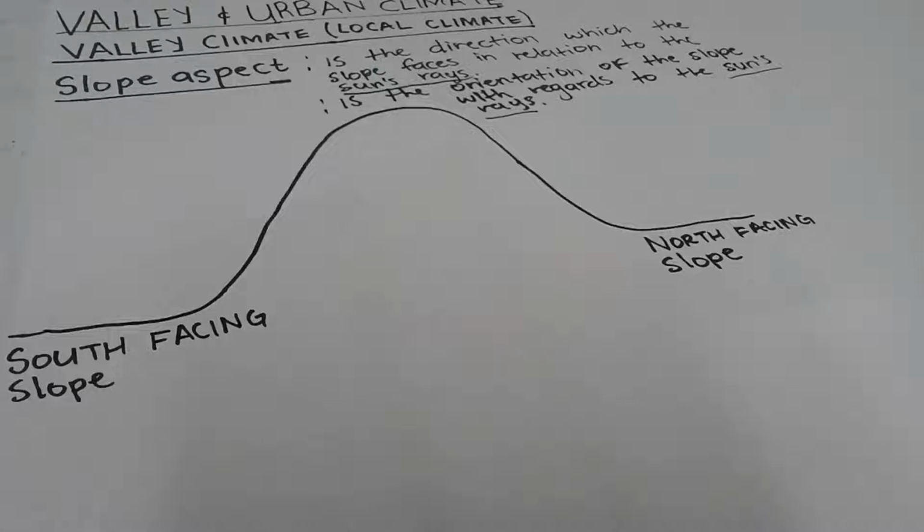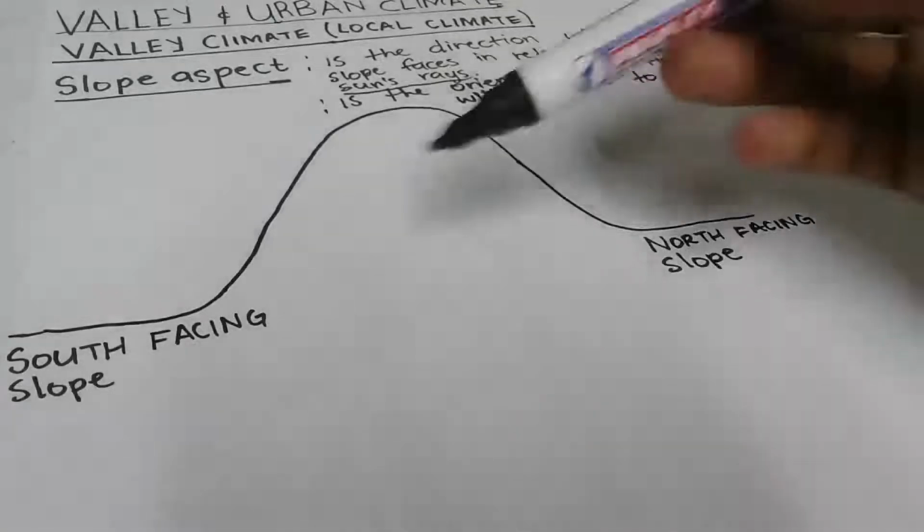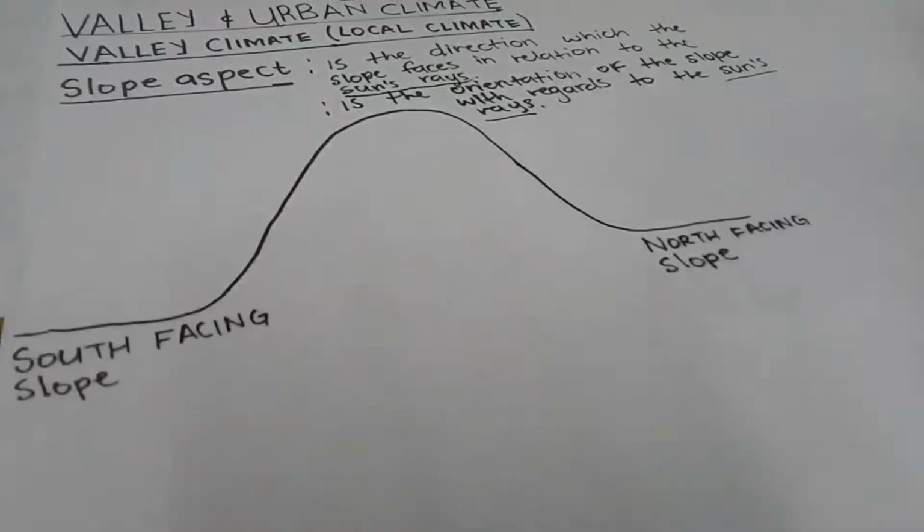Okay, let's get into a real context. As I said to you, this is the south-facing slope and the north-facing slope, but it depends in which hemisphere, southern hemisphere or northern hemisphere.